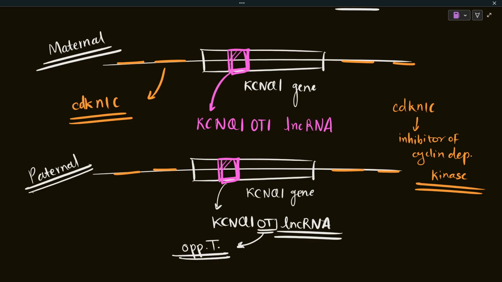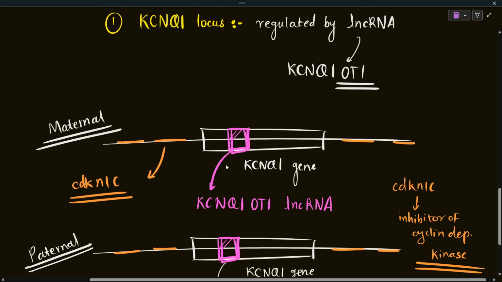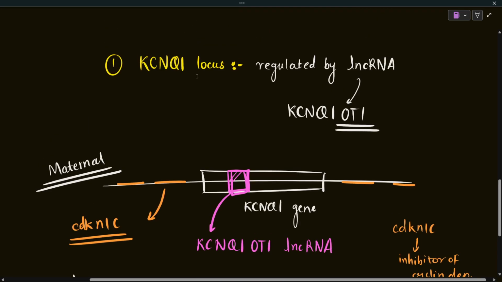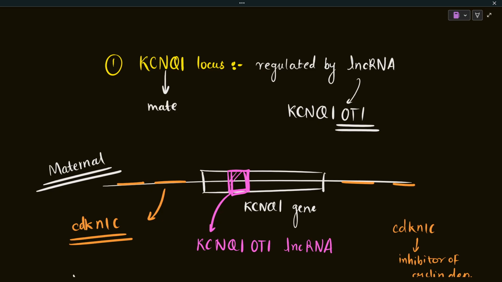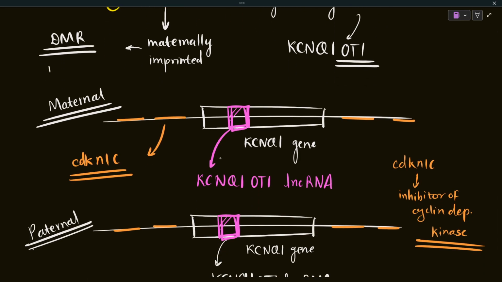So the KCNQ1 locus is maternally imprinted, and the DMR in the maternal allele will be methylated. That DMR is KCNQ1OT1 here. In this case, the KCNQ1OT1 is the DMR, so this DMR will be methylated.